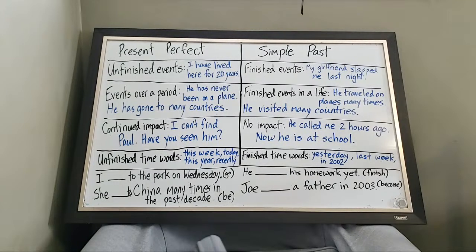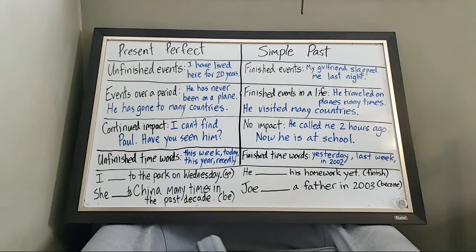We go over to the other side, finished events in a life. Now this means the person is probably dead, or they're done doing whatever. So he traveled on planes many times. Okay, so imagine you're talking about your great-grandfather, and he was a big traveler. He traveled on planes many times, but now he's passed away.